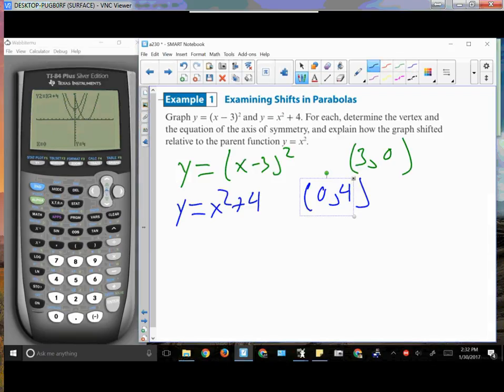Now the original equation, y is equal to x squared, being the parent function, we know that it is at 0, 0. So when we look at these equations, we can tell how things are going to move, which way they're going to move, just by looking at the equations.